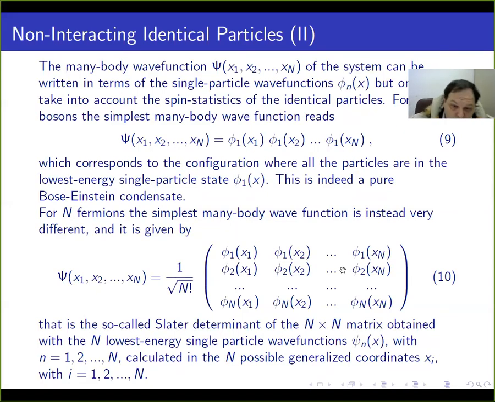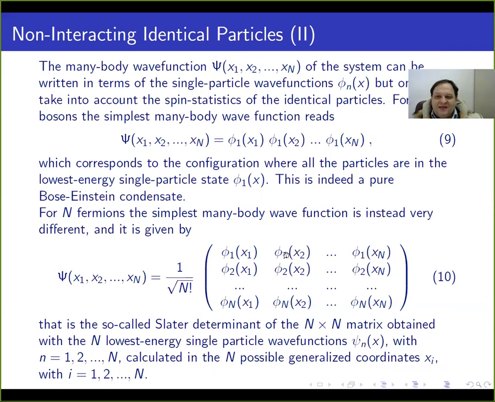Why this? Because the determinant has the correct properties of a fermionic wave function. Namely, it is antisymmetric if you exchange two elements.